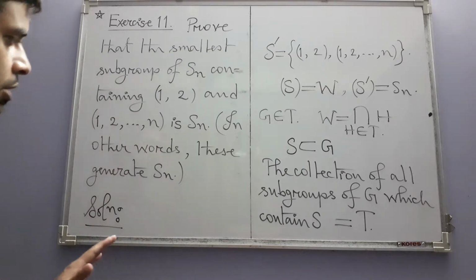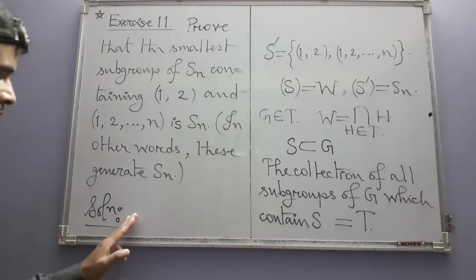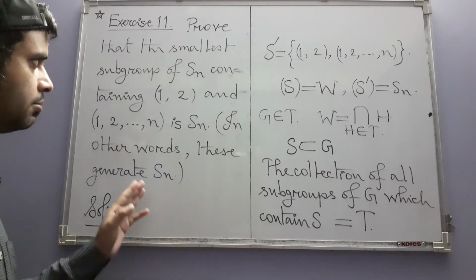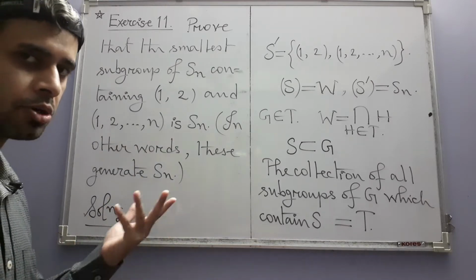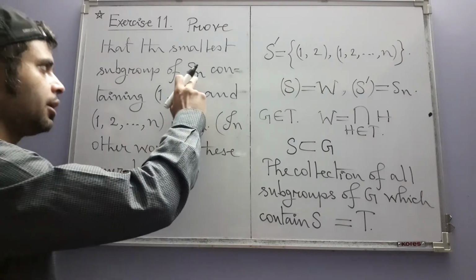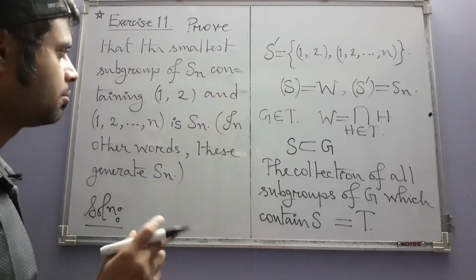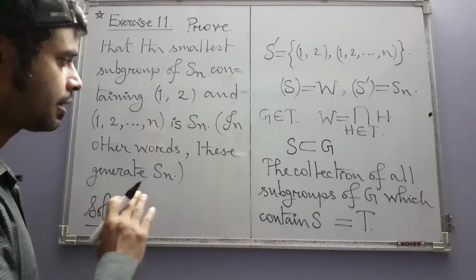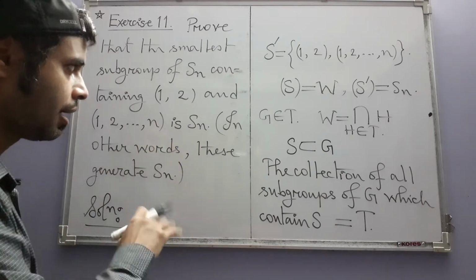Now in the solution, in the beginning itself, we tackle the smallest possible value of n. Of course you can take n equal to 1, but that however is not allowed here.